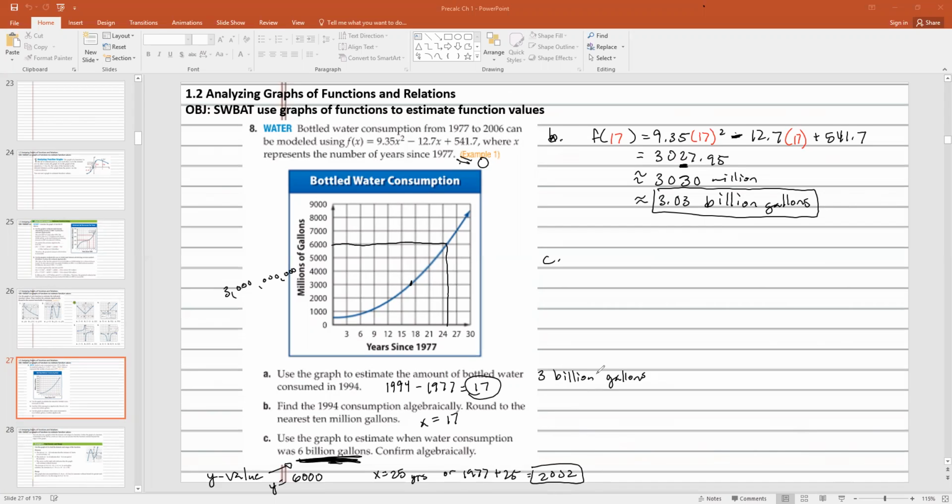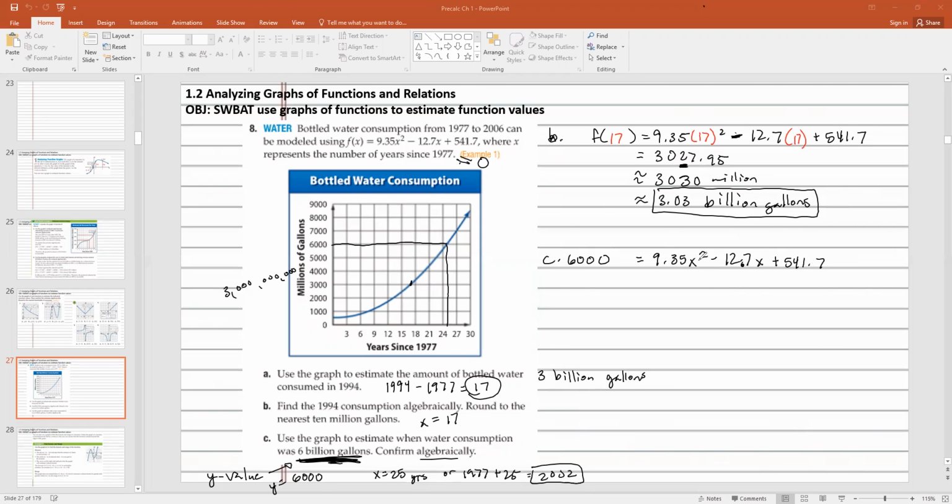All right. But then I just saw it say algebraically. Okay, let's do it. So we're going to write down that 6,000 equals, and then we just put the function there, 9.35x squared minus 12.7x plus 541.7.